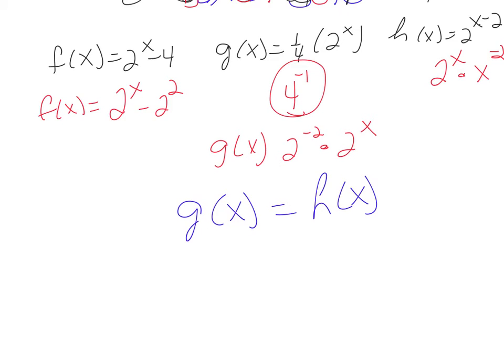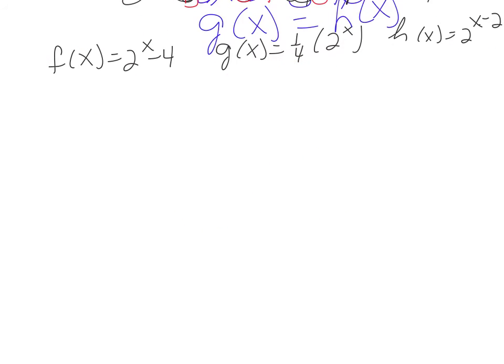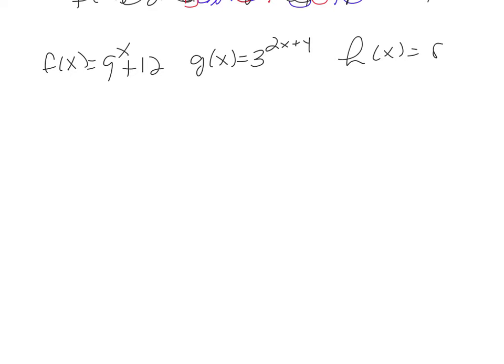Okay, so let's take a look at number 18. We have f of x is equal to 9 to the x plus 12. G of x is equal to 3 to the 2x plus 4. And h of x is equal to 81 to the x power, times 3 to the x power.